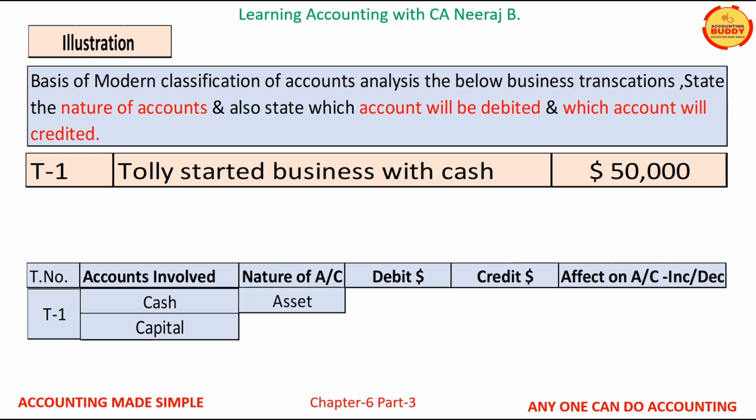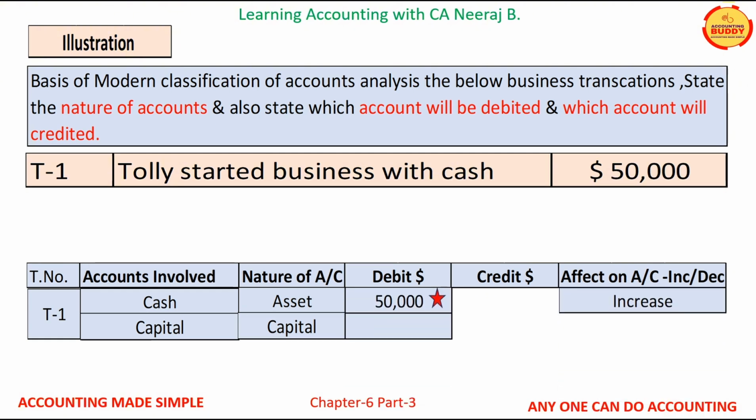Cash is an asset account and capital is a capital account. Since cash being an asset is increasing, the cash account will be debited with $50,000, and capital, being the amount the business owes to the owners, is also increasing and will be credited by $50,000.